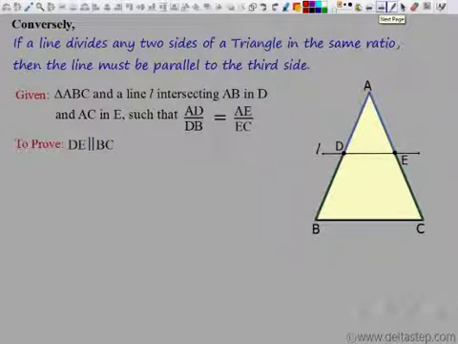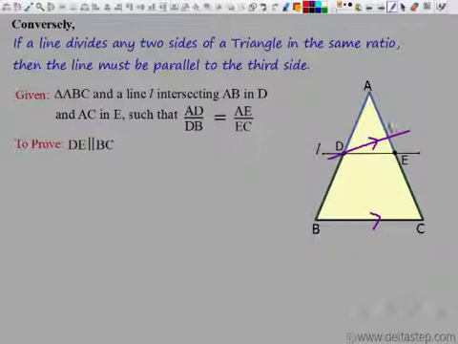Well, if this line is not parallel, then there would be some other line which would be parallel to BC. From this point D, I can draw many lines. If line L is not parallel, I can draw one line which would be parallel to BC.